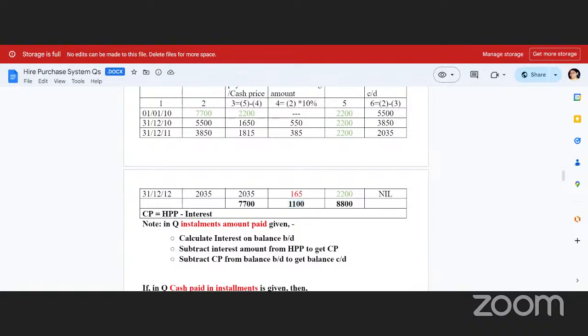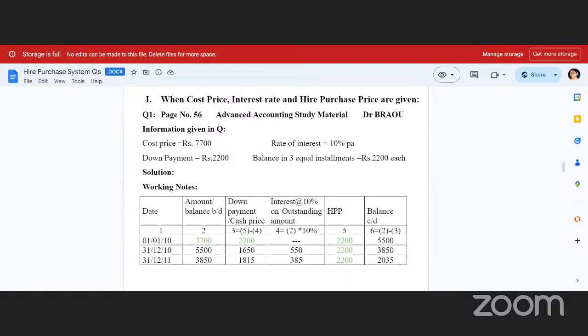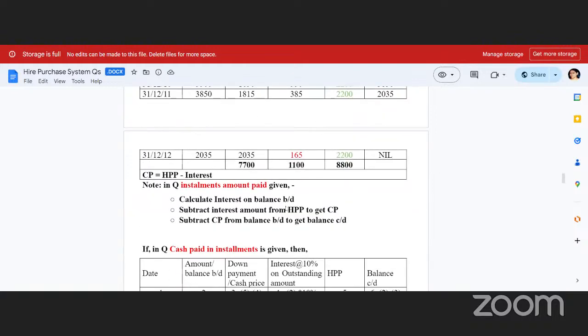Okay, when it is tallied with the question information, and what you did is correct, then you can proceed with the journal entries.